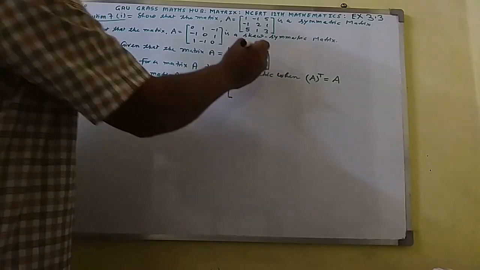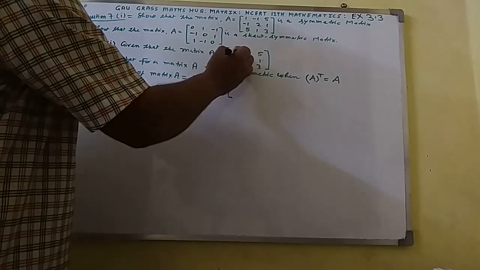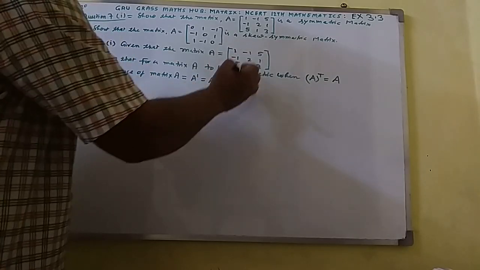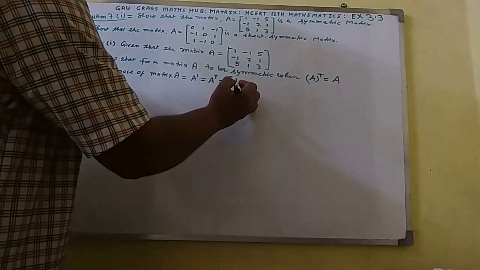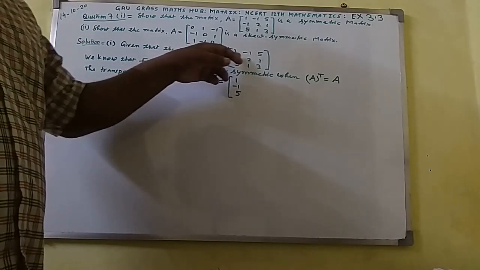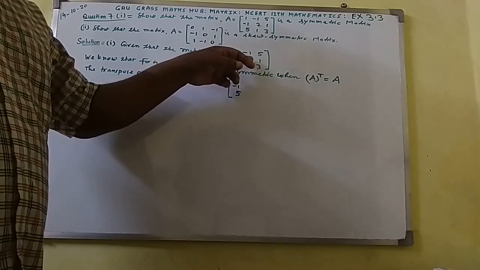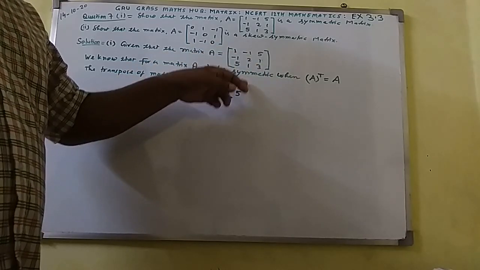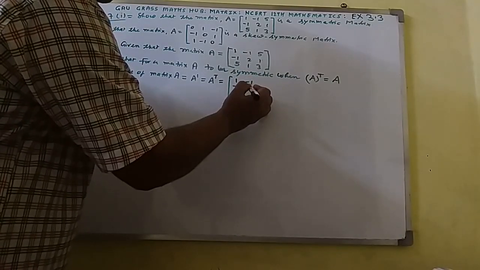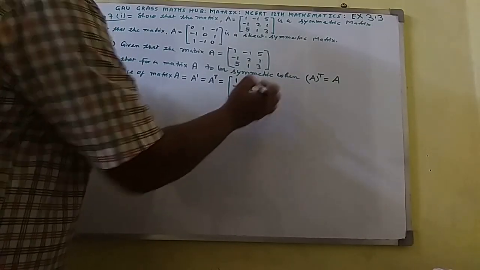This one is the first row. This first row will be converted into first column here: 1 minus 1 5. The second row will be converted into second column, so here I shall write minus 1 2 1.